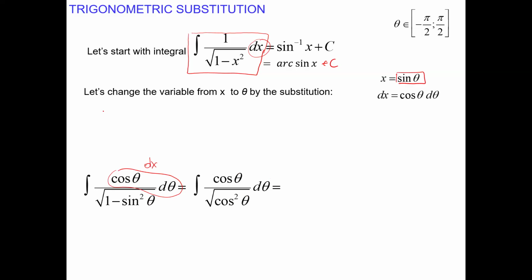We know the Pythagorean identity: sine squared theta plus cosine squared theta equals 1. When we solve for cosine squared, it's 1 minus sine squared. Now, having a square root and a square, we can simply cancel them out and simplify.